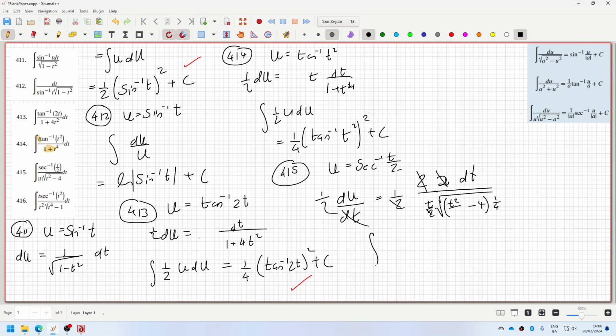So it's the integration of u du, a half u squared plus c.